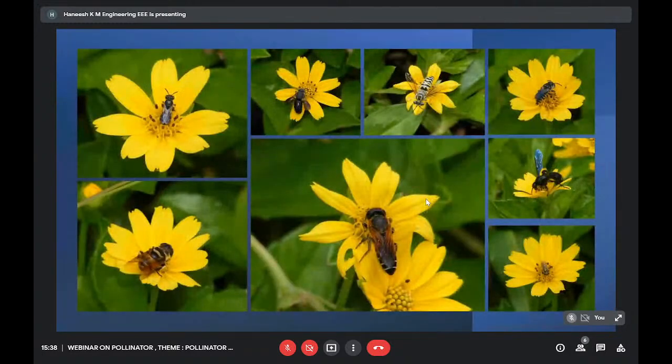Some of the pictures you can see here show one particular flower, known as the Singapore daisy. Basically it's a weed, but you can see that different types of bees or flies are attracted to this flower. These types of flowers have evolved in such a way that there is enough space for the bees to sit there.